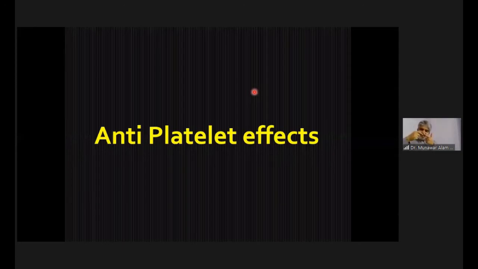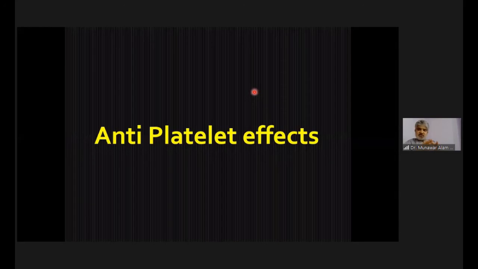Aggregation means clumping of platelets over platelets, millions, trillions of platelets forming the plug. This is called aggregation, and this aggregation is again due to the prostaglandin. When there is any trauma, it is one stimulus for inflammation.